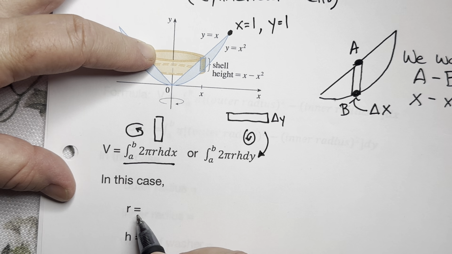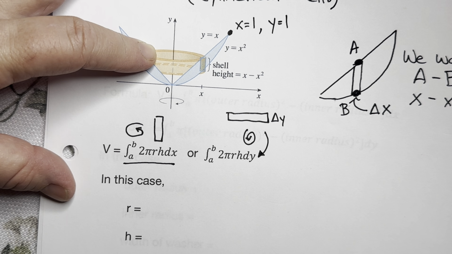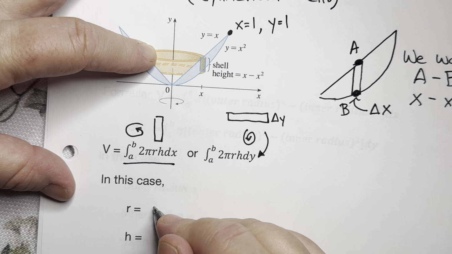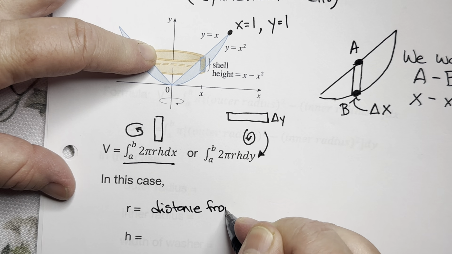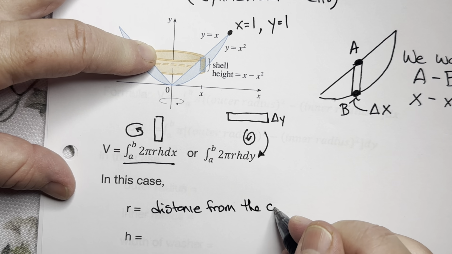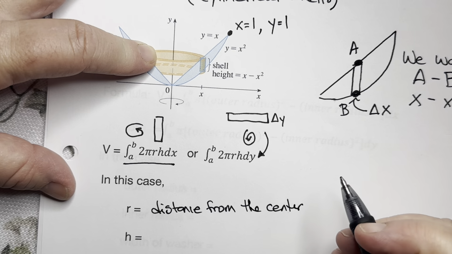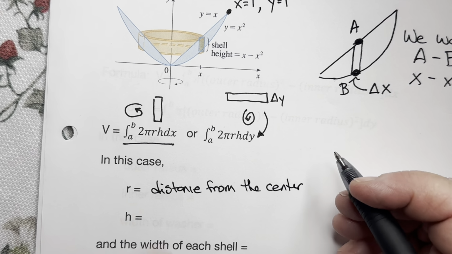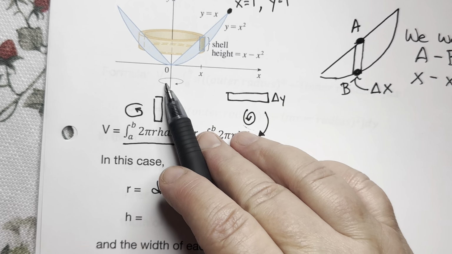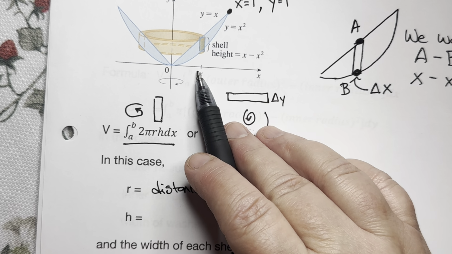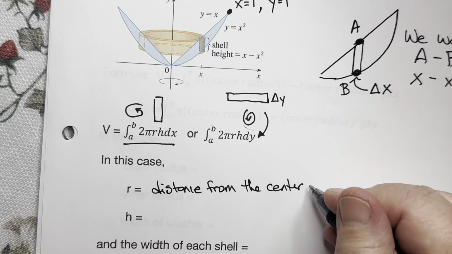And my r, what is my r? My r is the radius, the distance from the center of the rotation. So how far is this cross section from the center of the rotation? And the answer is, oh, it's just at x. That's just x.